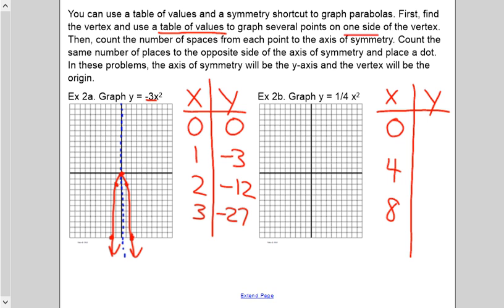If I plug in a 0, 0 squared is 0, 1/4 of 0 is still 0. There's my first ordered pair. It's at the origin. If I plug in a 4, 4 squared is 16. 1/4 of 16, or 16 divided by 4, is 4. So my next ordered pair is 4, 4. 1, 2, 3, 4 to the right. 1, 2, 3, 4 up.